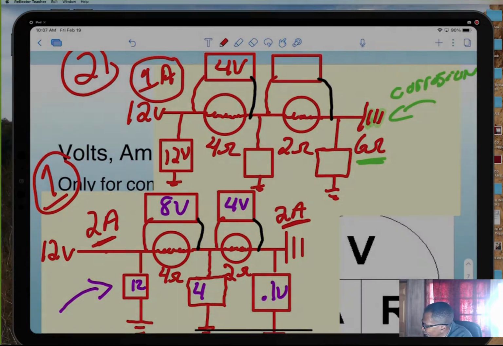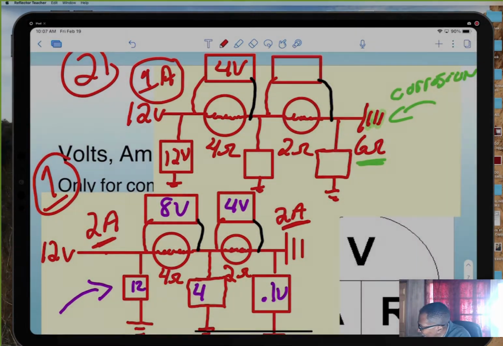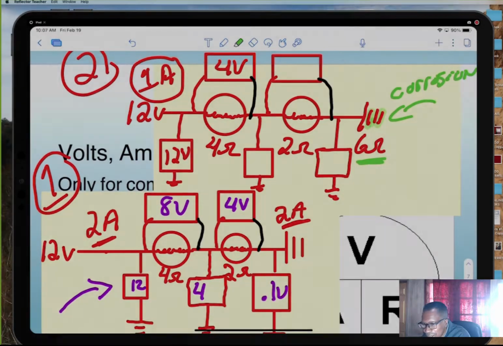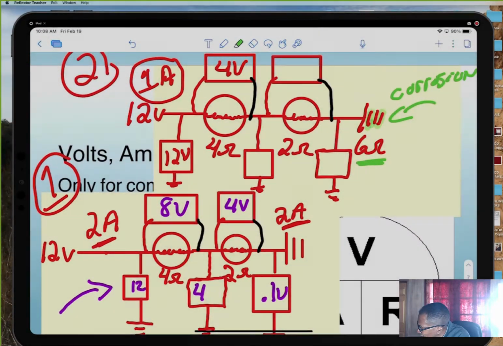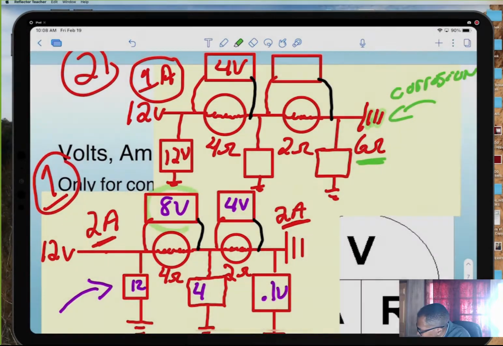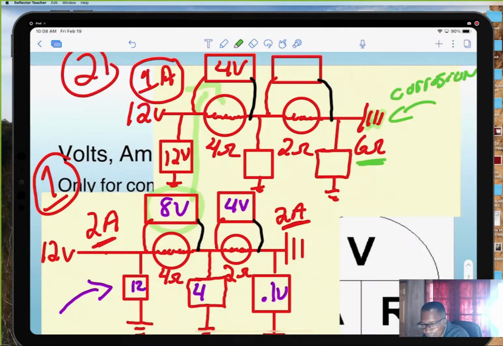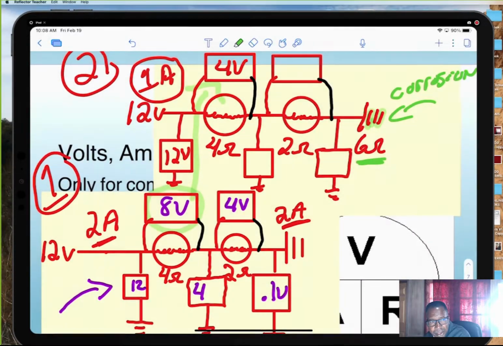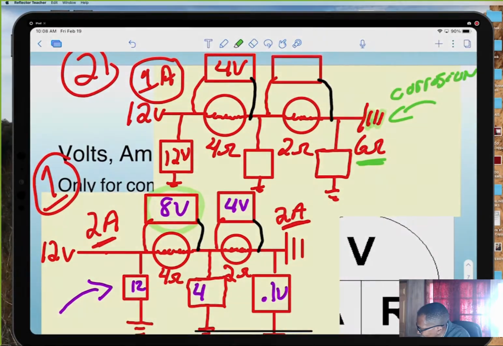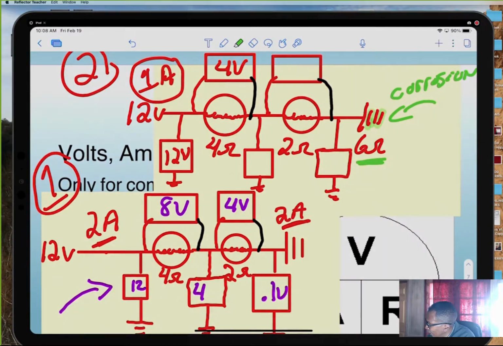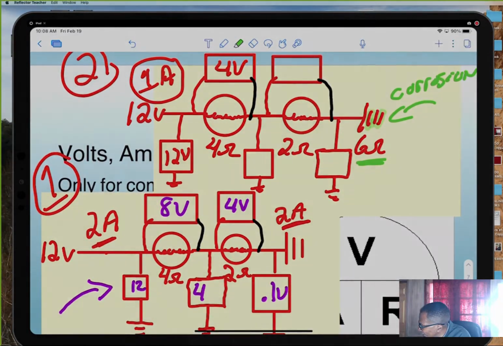Now it's 4 volts. And like you said, Garcia, you're right, my 8 volts in the good circuit just went down because of the resistance. Now you add them up together and you're going to get 12 volts. Well, all right, hold on 1 second. How about the next one?